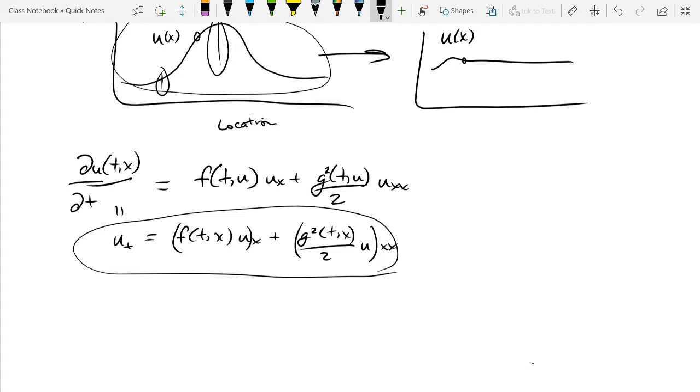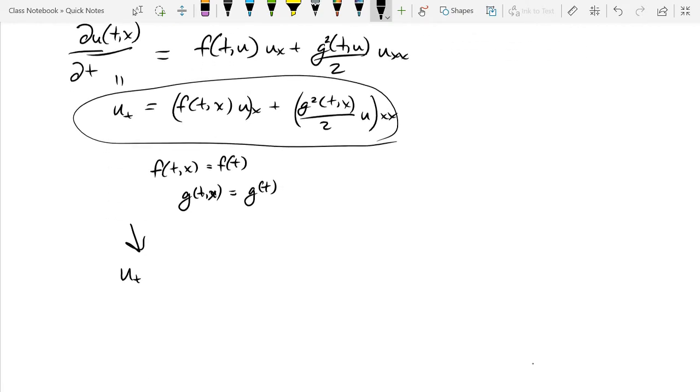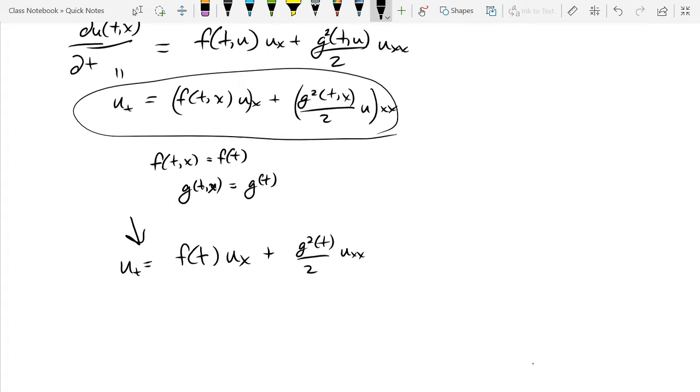Another very important case is where f of t, x is actually just a function f of t, and g of t, x is just a function g of t. Then this simplifies to u sub t equals f of t u sub x plus g squared of t over 2 u sub xx, right?